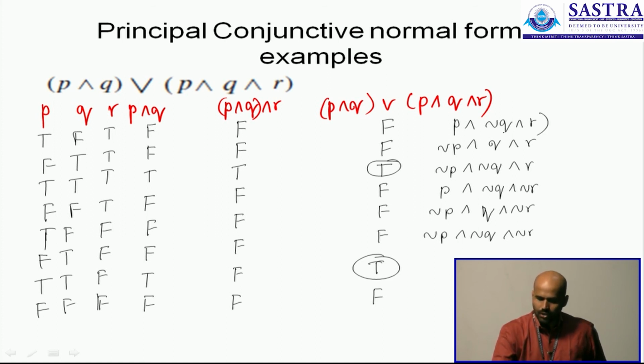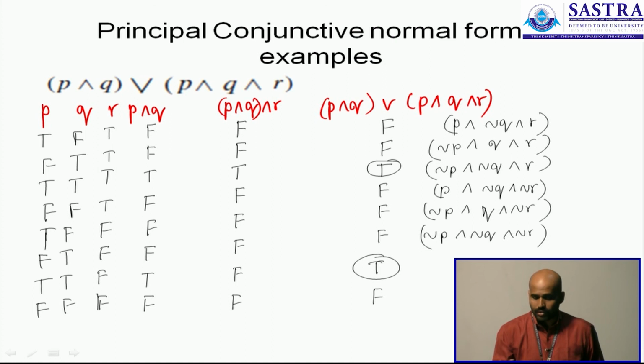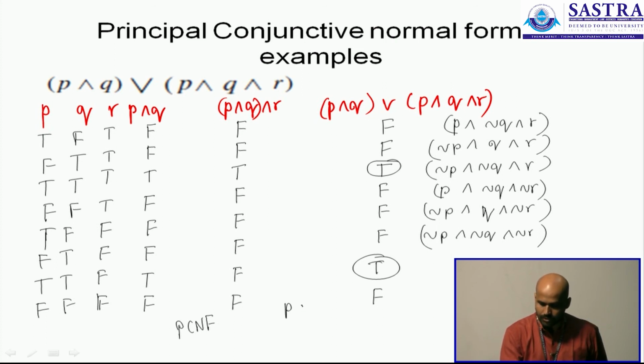So when I do a disjunction of all of this, I get the PDNF of the required statement. But I want the PCNF. So how do I write the PCNF? I'll write each of them after flipping. Now when I flip them, I get this.